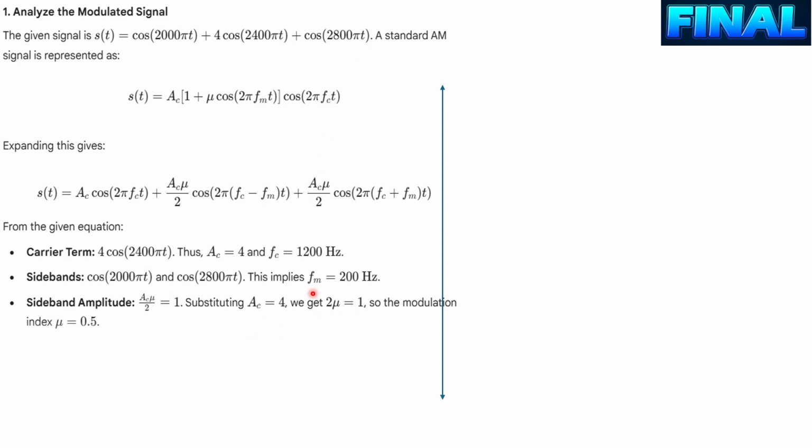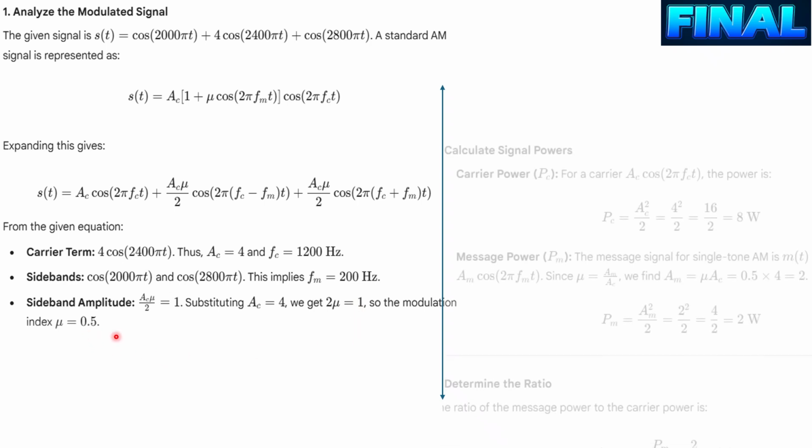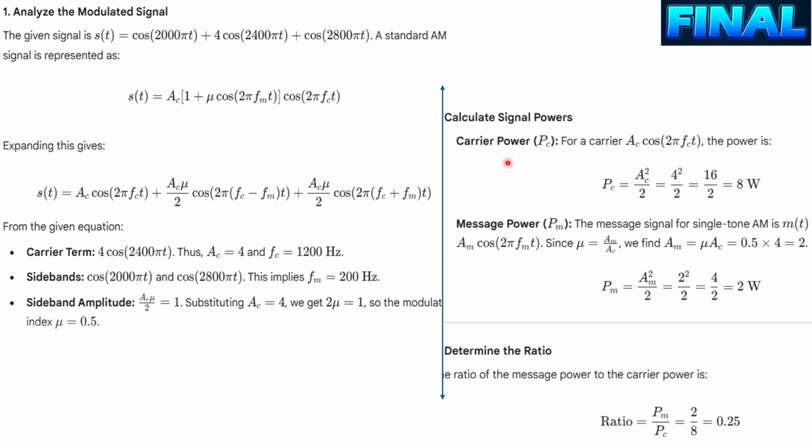The difference is fm equals 200, that is fc minus fm. Sideband amplitude you can also find: mu Ac divided by 2 is equal to 1. If you take it common, you will get the value of mu, and mu will be equal to 0.5. Now you can find the carrier power.